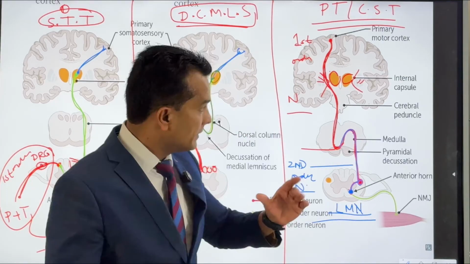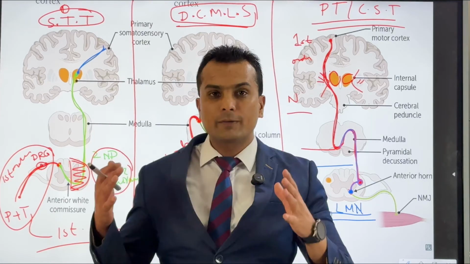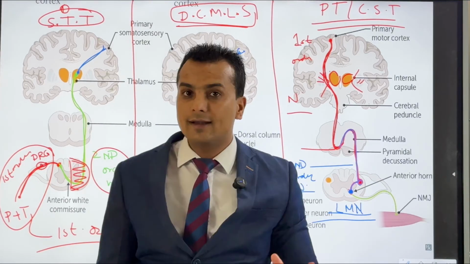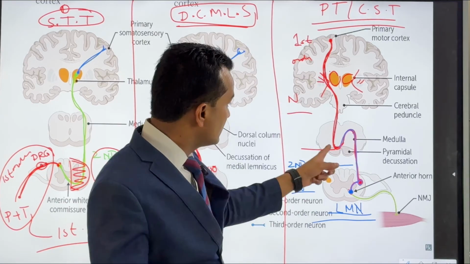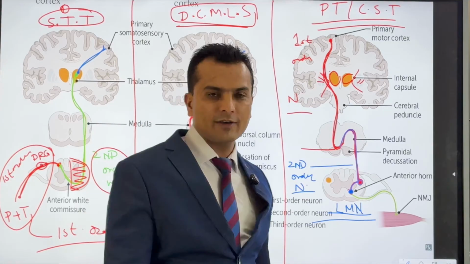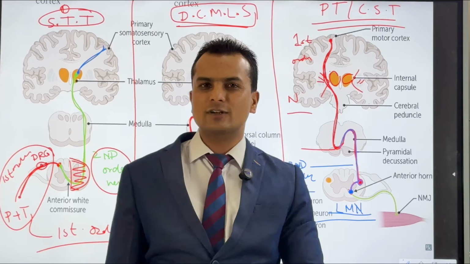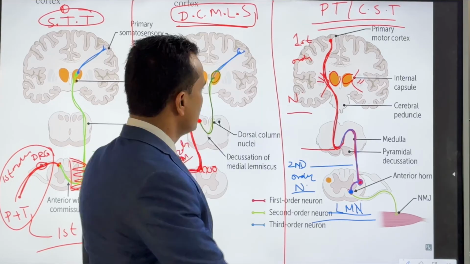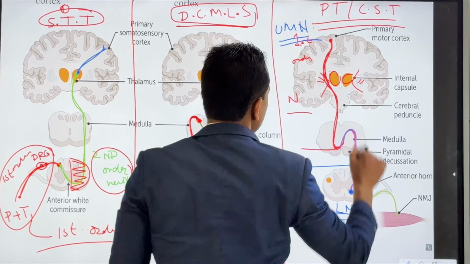So with any injury up to the medulla, there is always hemiplegia, and the weakness will be contralateral, because it's happening in the first order neuron, above the level of the decussation. It's an injury in the first order neuron, the upper motor neuron. So it's commonly injured in stroke.